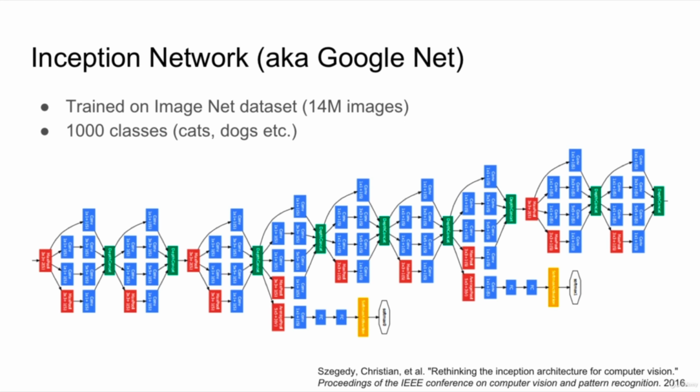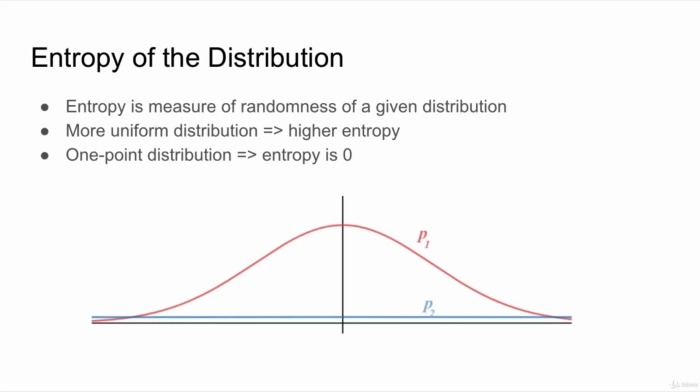It was trained on the ImageNet dataset, which consists of around 14 million images of 1000 classes, such as dogs, cats, mushrooms, airplanes, and so on. Let me briefly remind you what is entropy of the distribution. The entropy is a measure of randomness of the distribution.